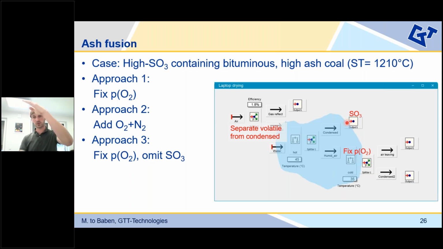That will go towards the gas phase and will leave the system, and then we can fix the partial pressure for the rest of the species and calculate the equilibrium as a function of temperature. So this is very close to approach number one, with the only difference that we here omit the SO3, because we have seen in approach number two that SO3 is all in the gas phase and not really taking part in the melting of the condensed phases.